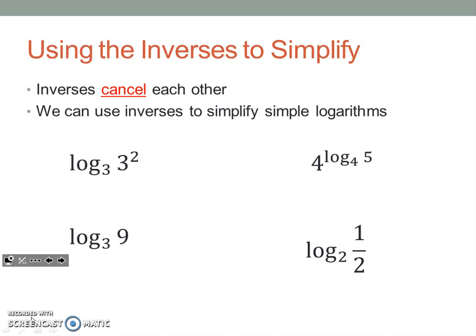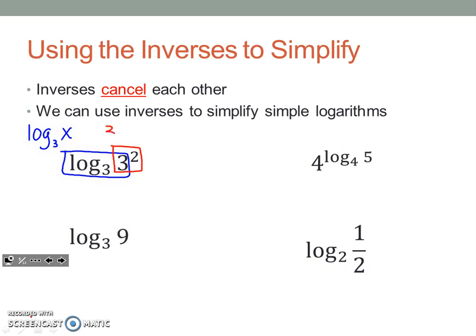Okay? So my first example that I have over here on the left, I've got a log base 3 of 3 squared. And this is kind of in 2 parts. What I have up here is I have a log base 3 of something.